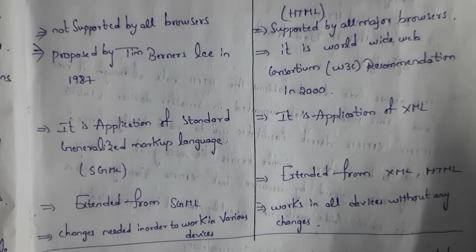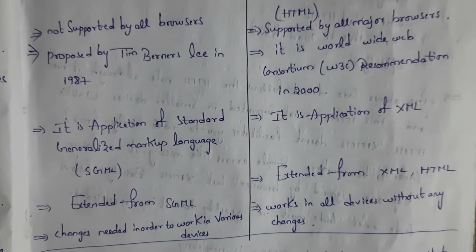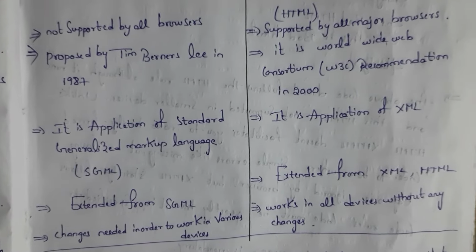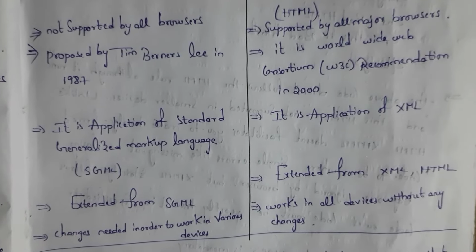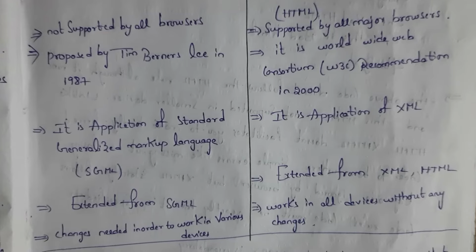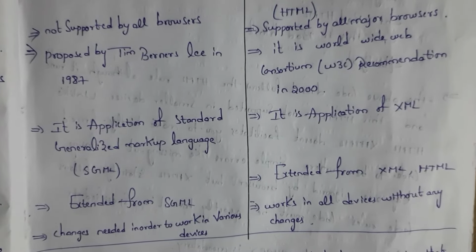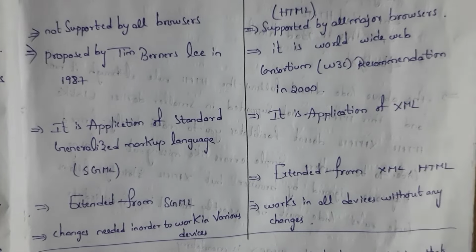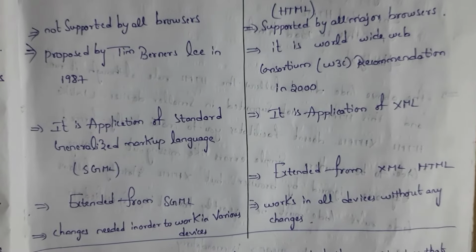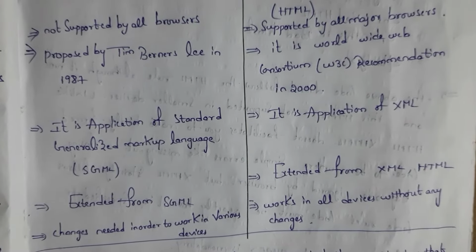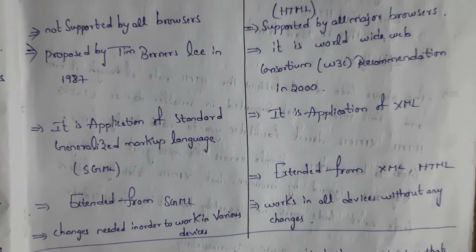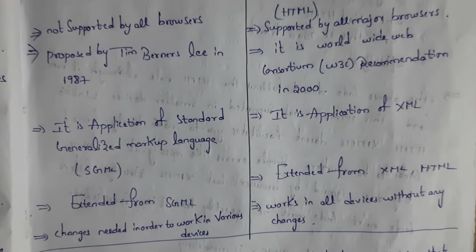XHTML is combination of both XML and HTML. In order to work HTML in all devices, we need to perform some changes. But whereas XHTML is supported by all devices, there is no need to make changes because XHTML was supported by all devices. These are the difference between HTML and XHTML.